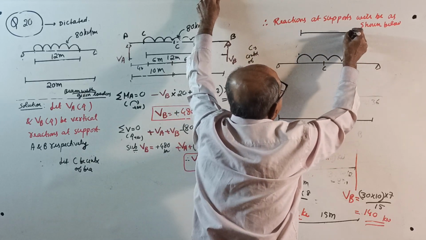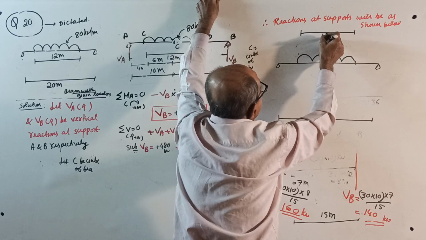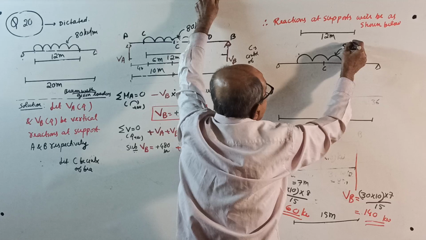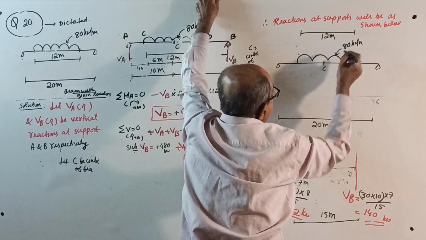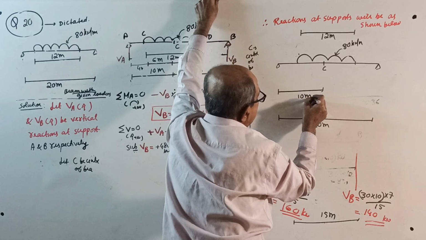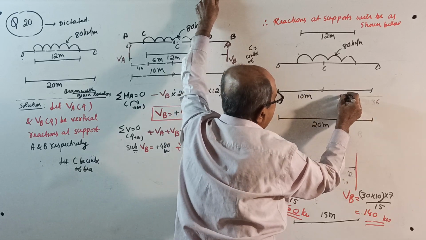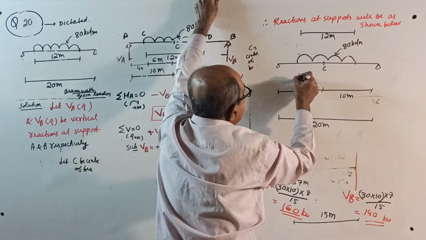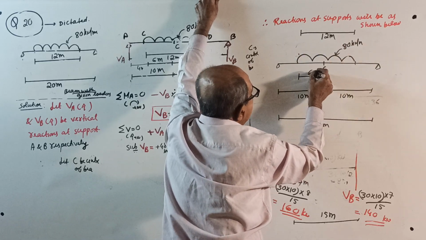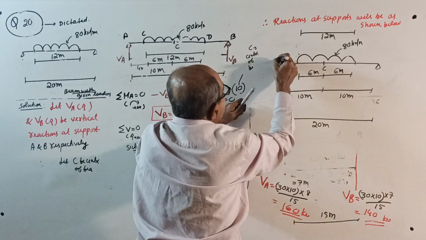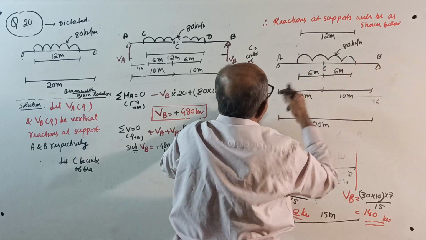Total UDL length is 12 meter with 80 kilonewton per meter. When they tell center, surely this is 10 meter, this is 10 meter. And symmetrically placed means of the 12 meter, this side is 6 meter, this side is 6 meter. In that case, your reactions at A and B will be as shown below.